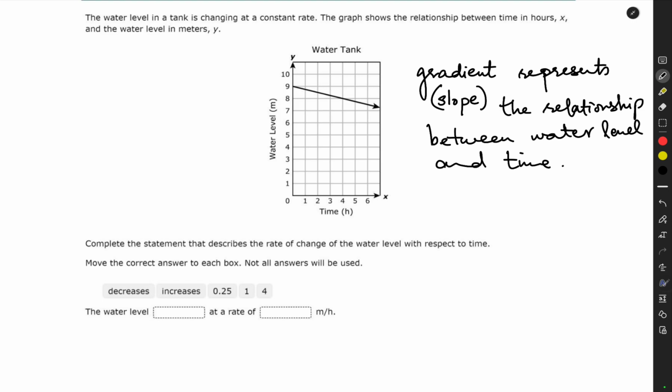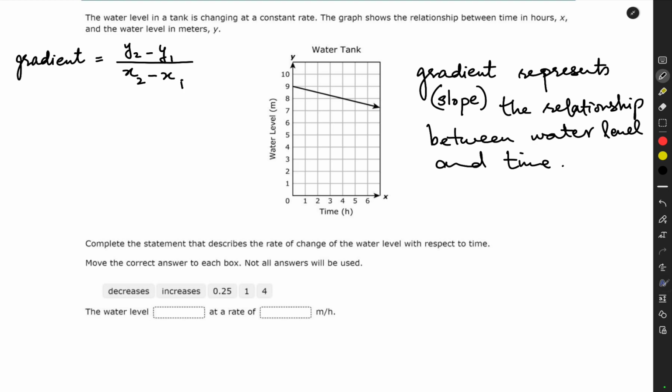If we want to be sure what the rate of change is, we need to find the gradient. If we want to find the gradient, we'll use the same formula we used in the previous question. What was that? It was y2 minus y1 divided by x2 minus x1.